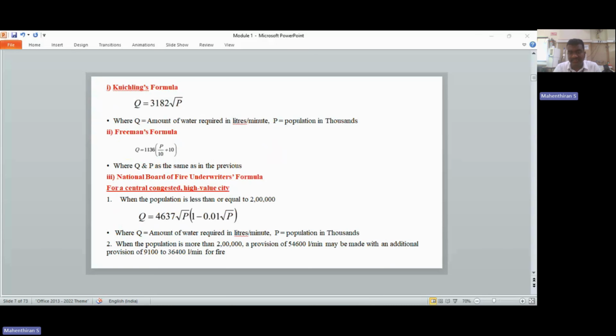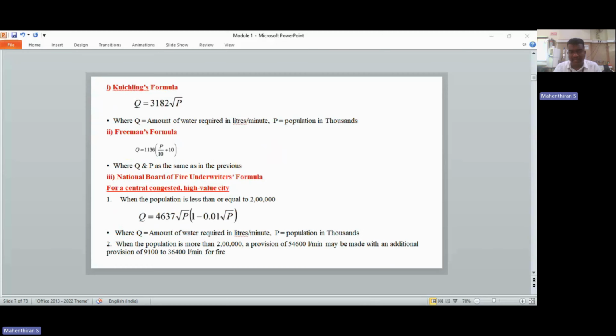However, it is very critical for safety, and therefore it must be properly estimated while designing a water supply system. To estimate fire demand, engineers use empirical formulas, which are based mainly on the population of the city. Now we will discuss these formulas.